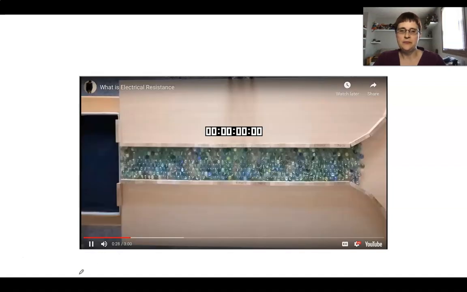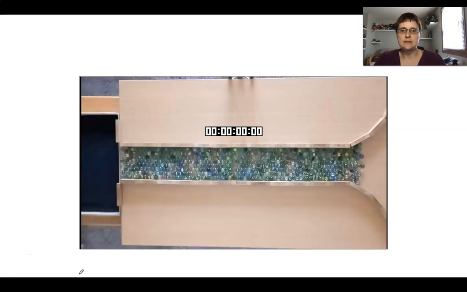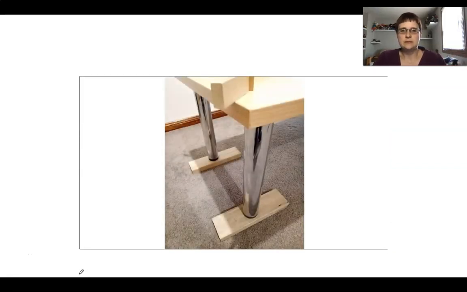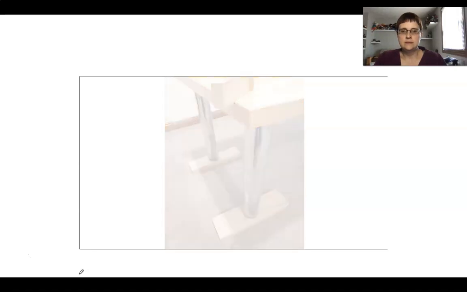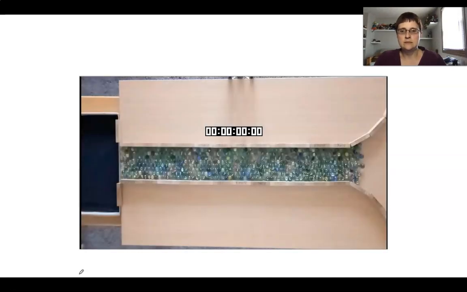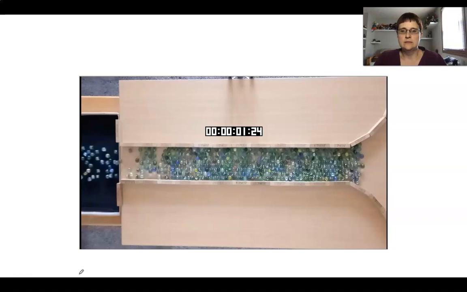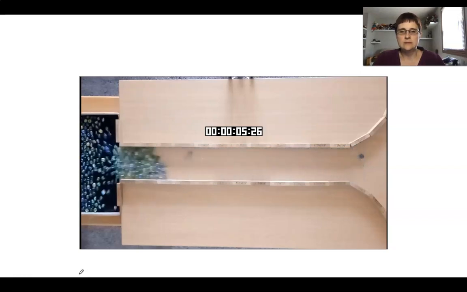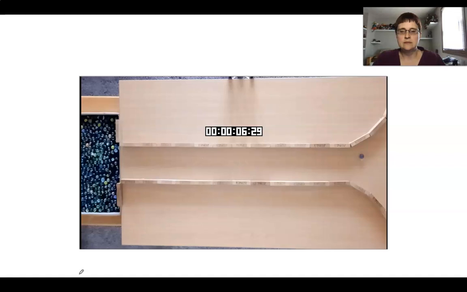Marbles, which flow along the length of a wire, demonstrated by the Jenga blocks. Energy is provided by elevating the table, or a battery supplying a voltage to a circuit. When energy is supplied, the electrons flow through the wire. This flow of electrons is current. It took just over 6 seconds for some number of electrons to pass a point.